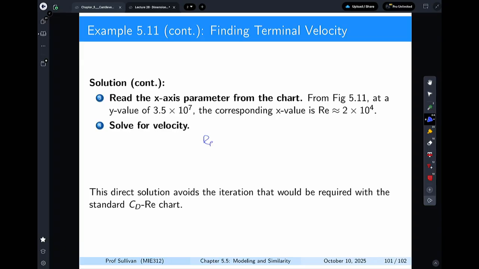Reynolds number equals rho velocity diameter over mu, which equals 20,000, which equals 998 V times 0.01 over 0.001, and a velocity of 2 meters per second.